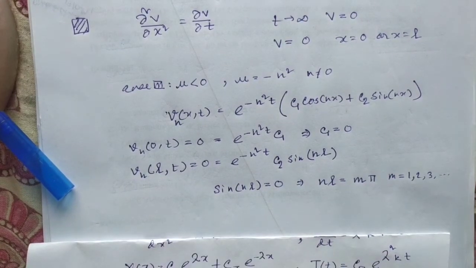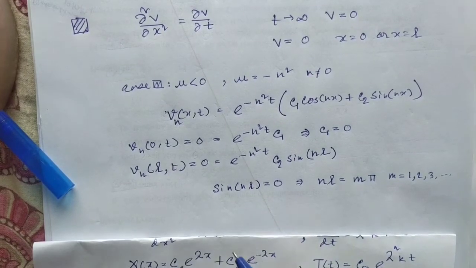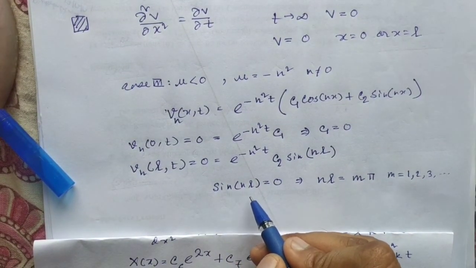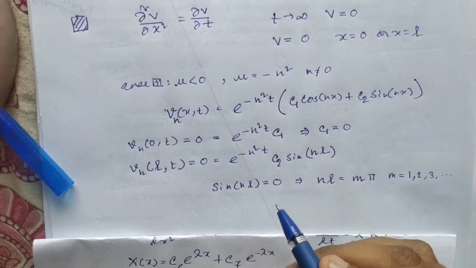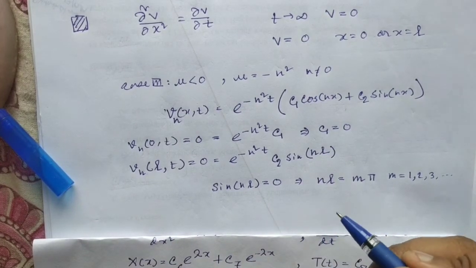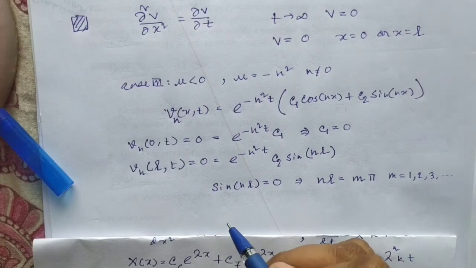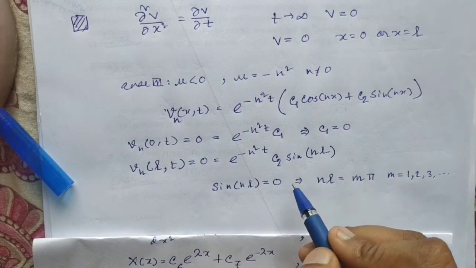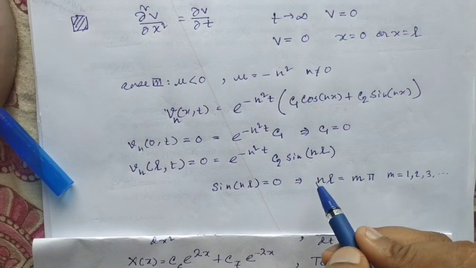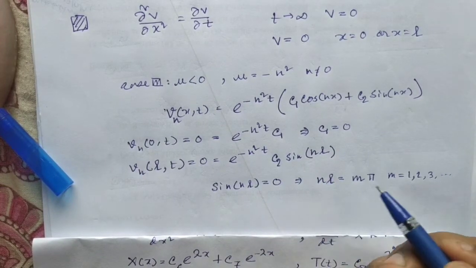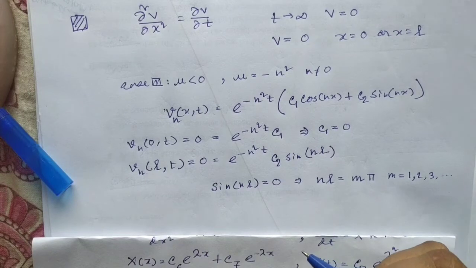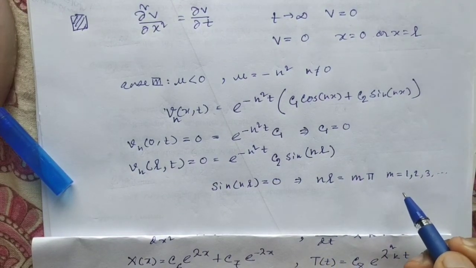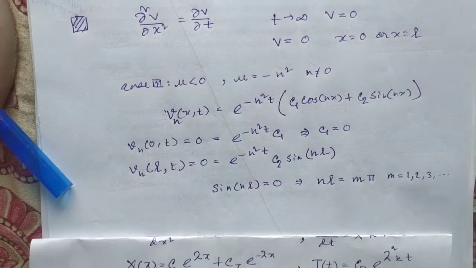Suppose you are saying sine of some k multiplied with something plus sine of minus k multiplied with something. This minus will come out, and if some c1 was multiplied here and some c2 was multiplied with that term, ultimately that will be c1 minus c2 multiplied with sine of nL, right? So there is no meaning if you write this to be minus 1, minus 2, etc.